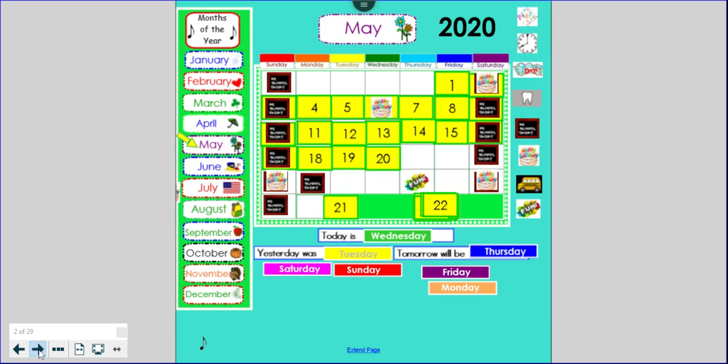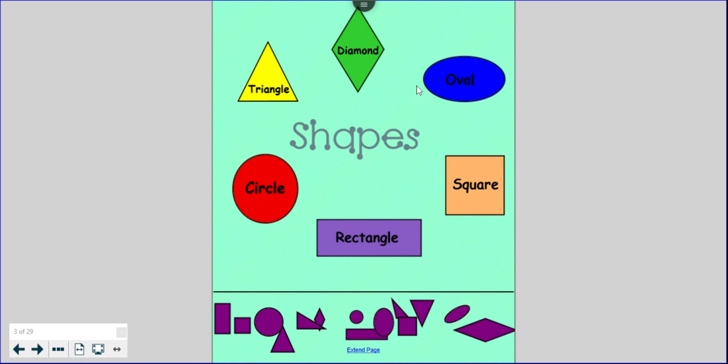Let's keep on going. Let's take a look at our shapes. Triangle, diamond, oval, square, rectangle, and circle. Very nice. Do you remember the shape that we talked about on Monday that looked a little bit like a circle, but instead of being a 2D shape, it's a 3D shape?